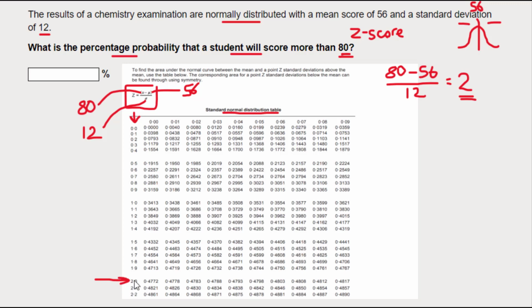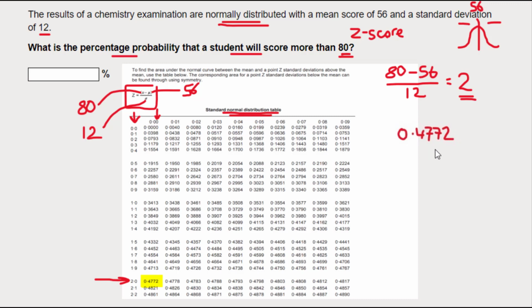So we're going to work across this row. Because this is the normal distribution table and our results are normally distributed, the number that we want is in this first column here. So working along our row into that first column, we get to that number there. That's the number we're going to need to use.